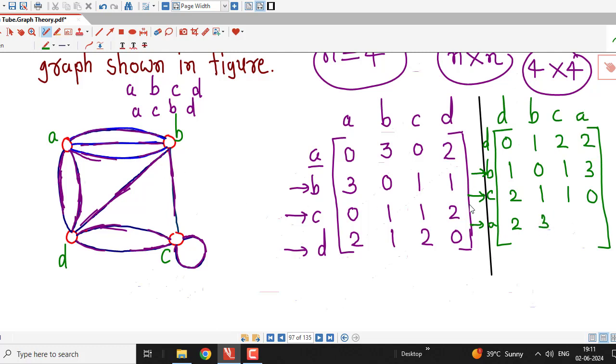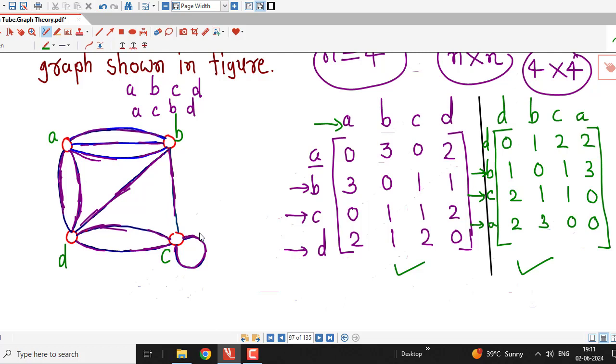Then from A to C there is no edge, and from A to A there is no edge. So using another order of vertices I obtain another adjacency matrix, and this is also the adjacency matrix corresponding to this order of vertices.